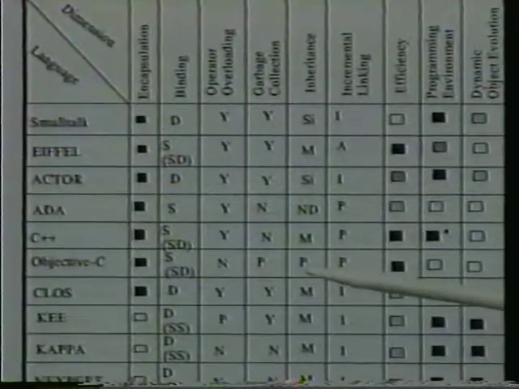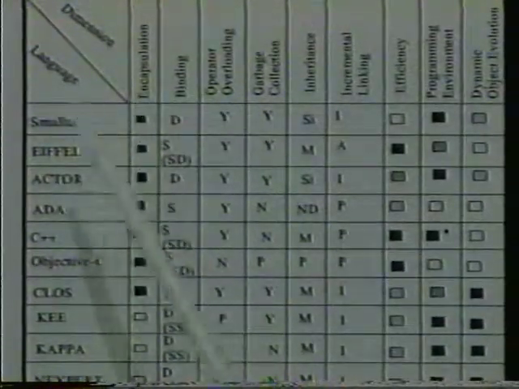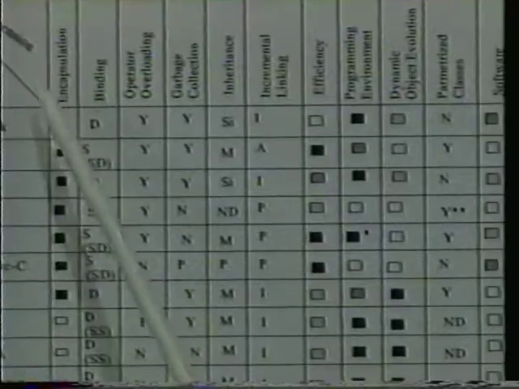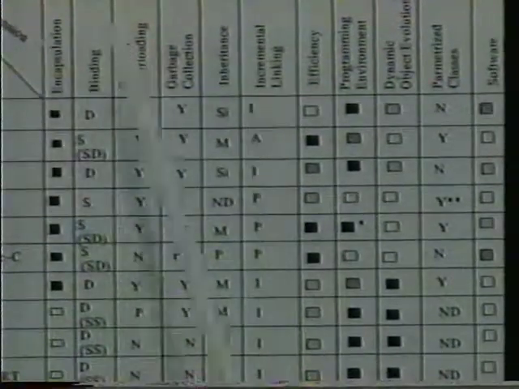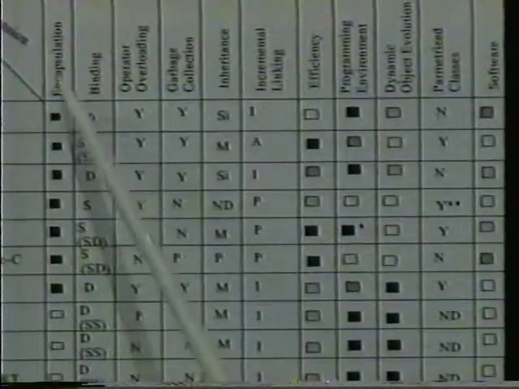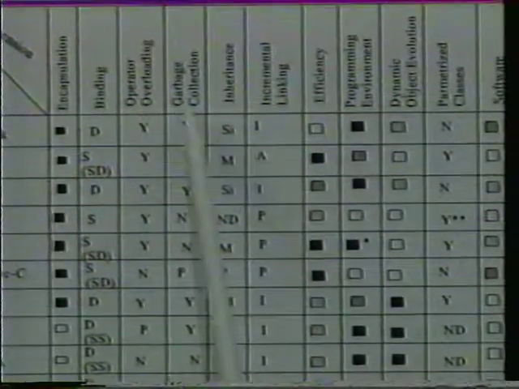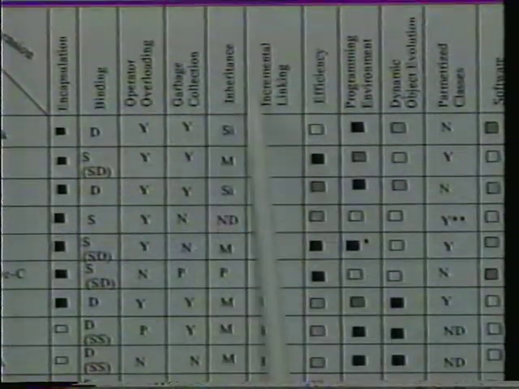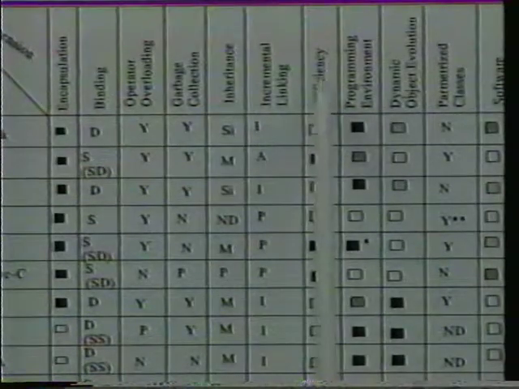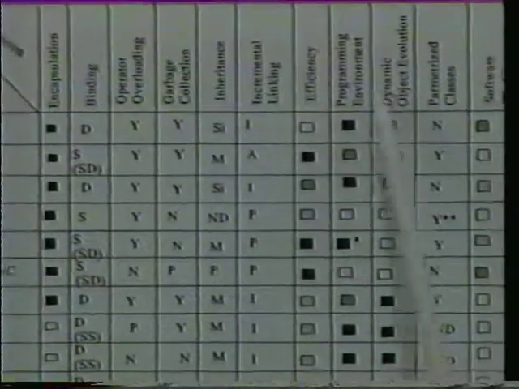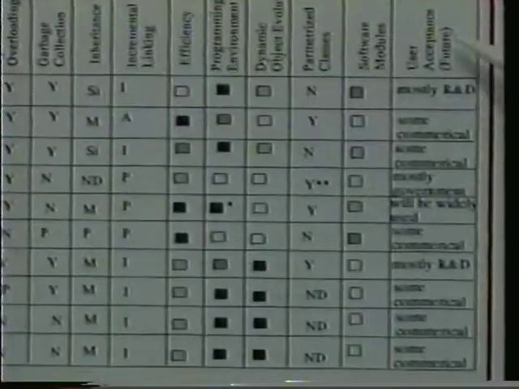What I am going to do is the following. There are several dimensions that we discussed, and these dimensions are given in the row here: encapsulation, binding, operator overloading, garbage collection, inheritance, incremental linking, efficiency, programming environment, dynamic object evolution, parameterized classes, software module, and user acceptance in the future.